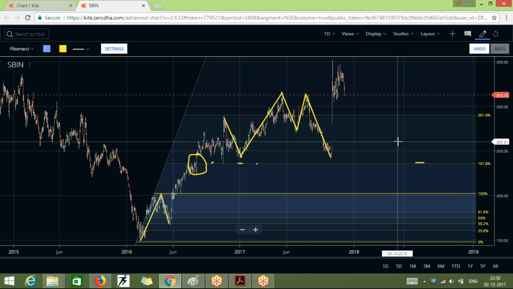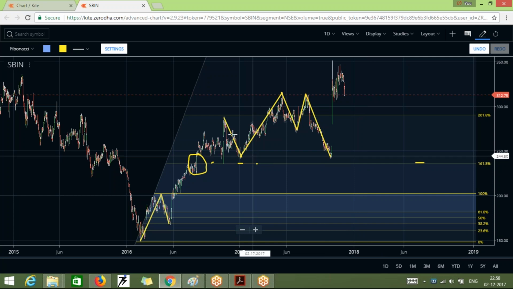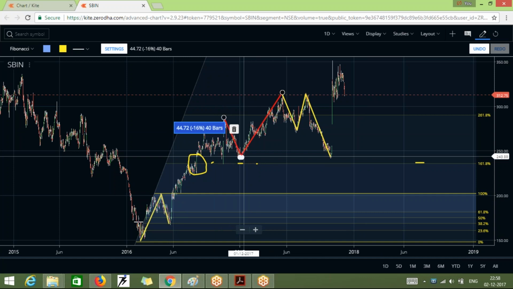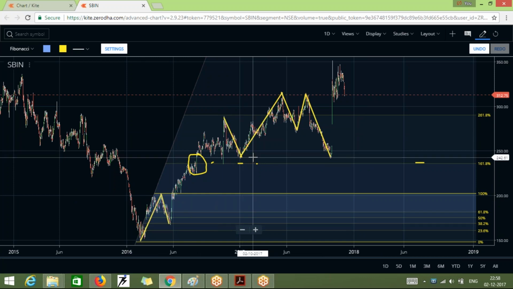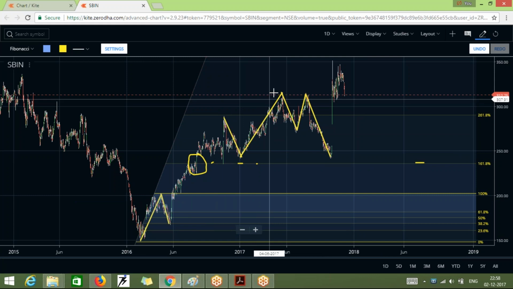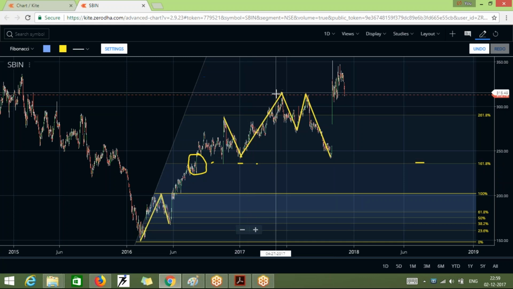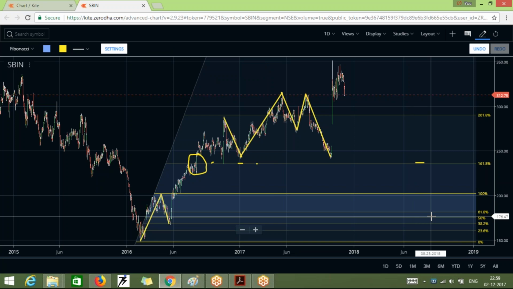So we need to calculate here the end of this wave. Suppose wave 1, 2, 3, 4, the end of the fourth wave was around 242, and the beginning of the fifth wave was 242 and the end of the fifth wave was 313. The difference is almost 70 points. Suppose this one is 242 and this one is 312, so it's almost 70 points.